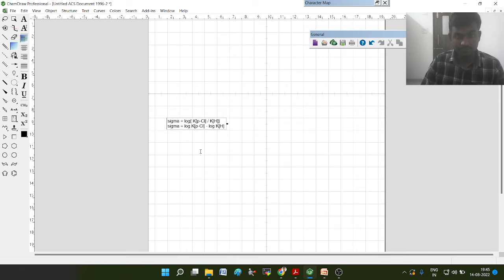This part is clear. Now, what is the definition of pK? Minus log of K. So pK, please ignore the font like italics and other things, is minus log of K. This is the definition of pK which we have been given.